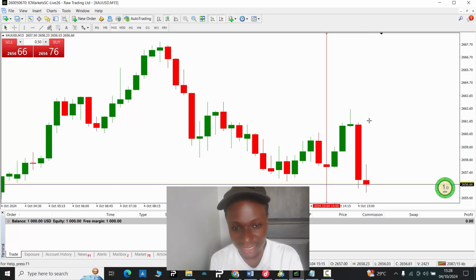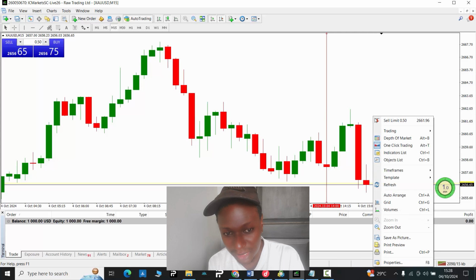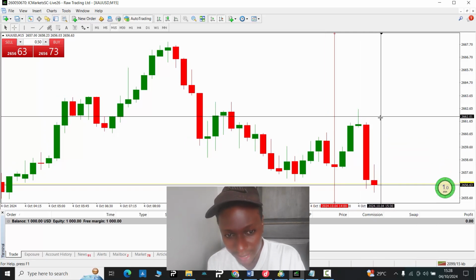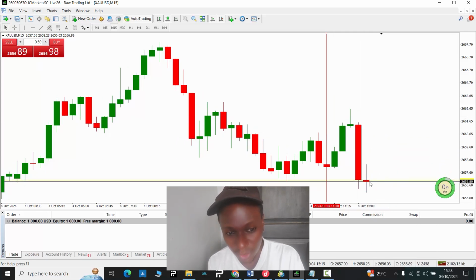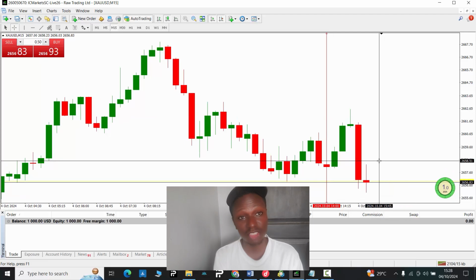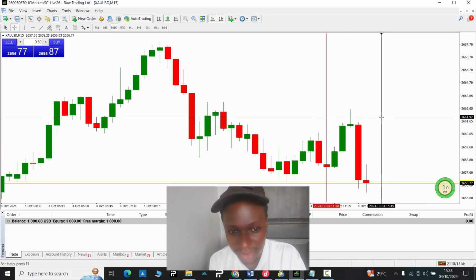So in this case, I see a whipsaw coming. So we're going to use limits. We're going to use sell limits. I'll place a sell limit because I know it's going to sell. However, it might first spike up and then sell.